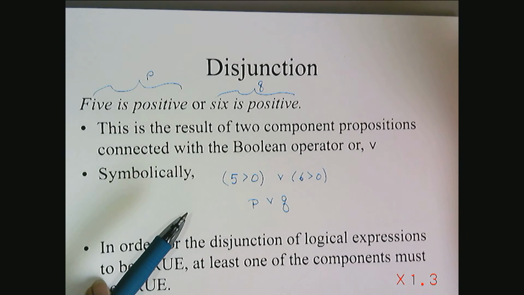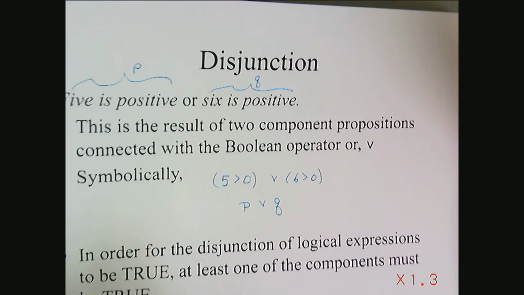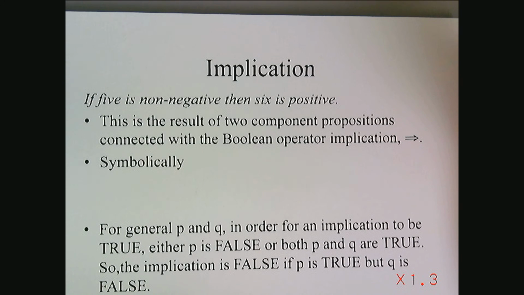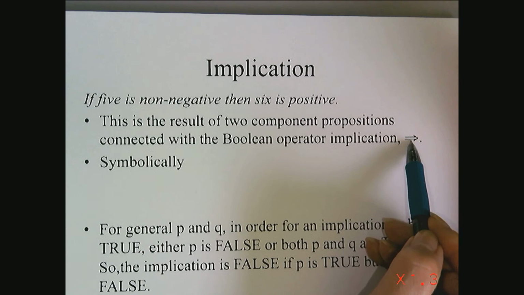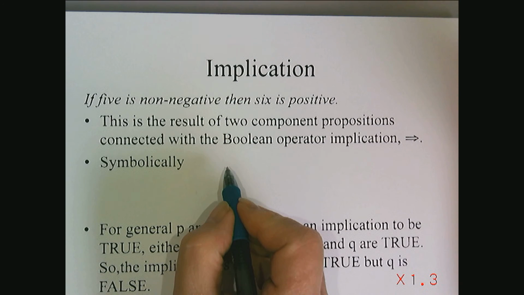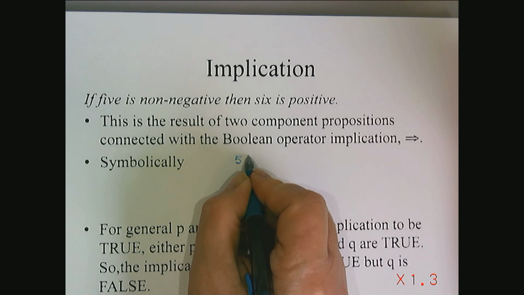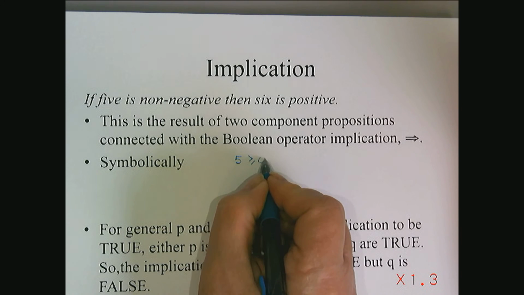Let's look at another Boolean operator. If 5 is non-negative, then 6 is positive. That's an implication. We could write this as 5 being greater than or equal to 0.